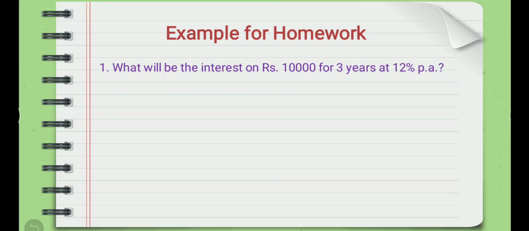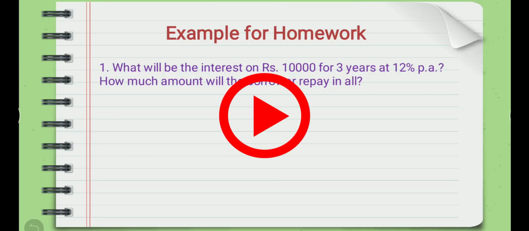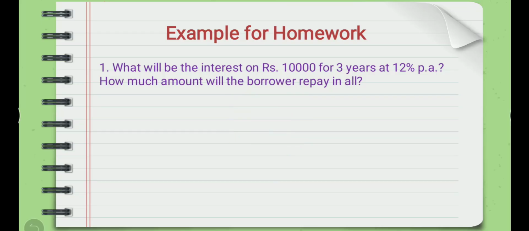How much amount will the borrower repay in all? So here in this example you have to calculate the simple interest first and then amount. So pause this video for a minute, solve this example and comment your answer in the chat box.